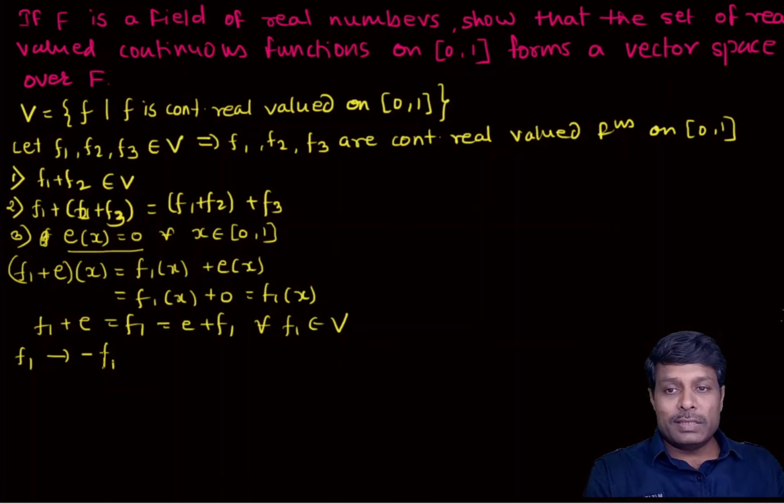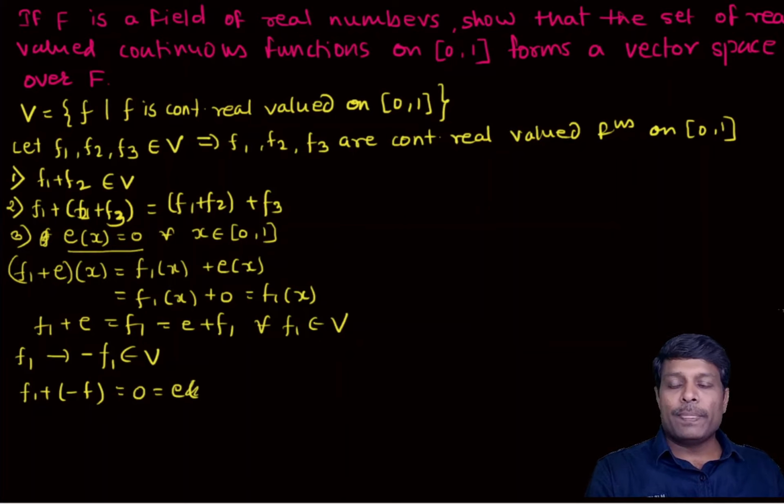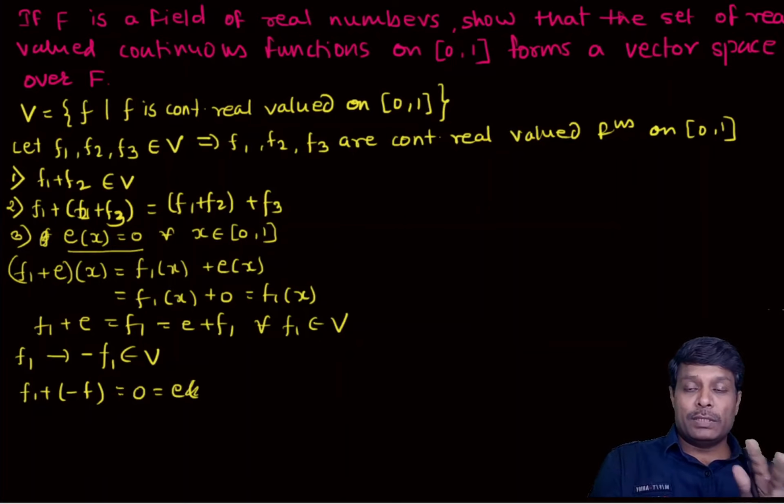Therefore, this also belongs to V if f1 belongs to V. And if we add these two mappings, then I will get 0. 0 means it is the output of the identity mapping, so you can write this as E. Therefore, the sum of two elements from V is giving the identity.